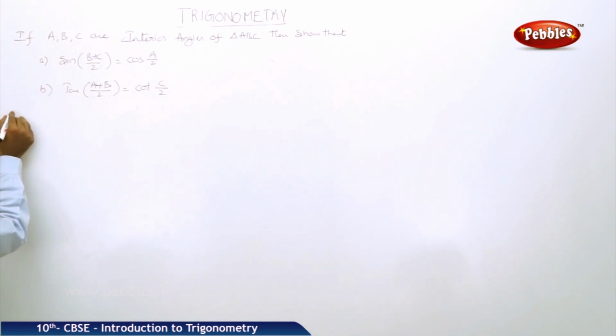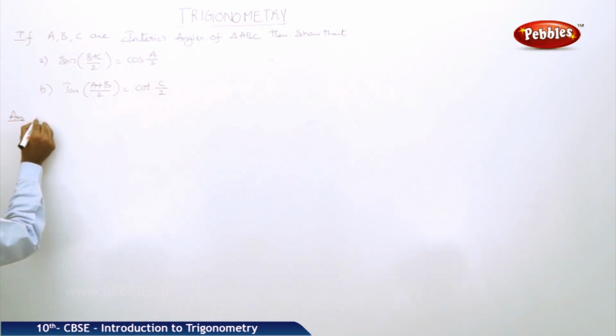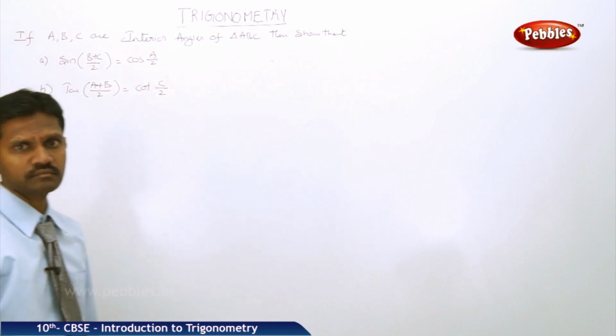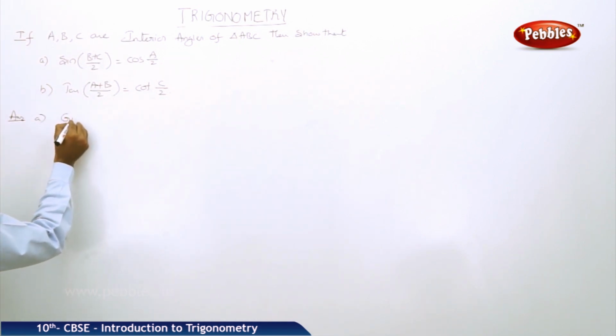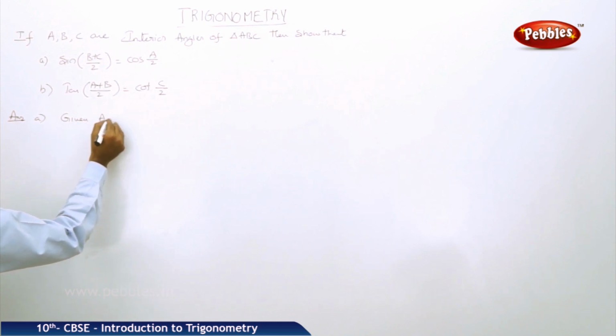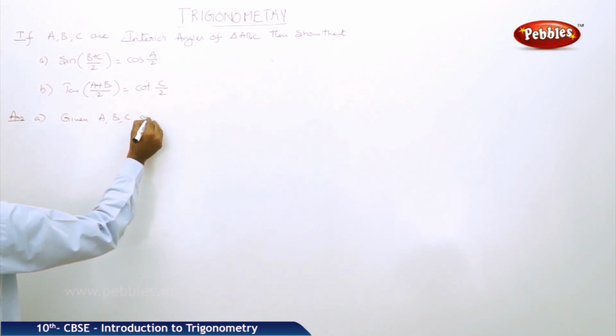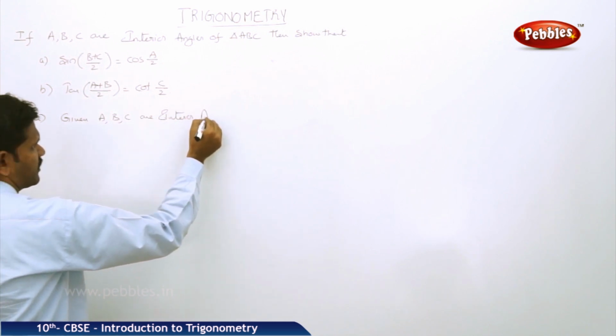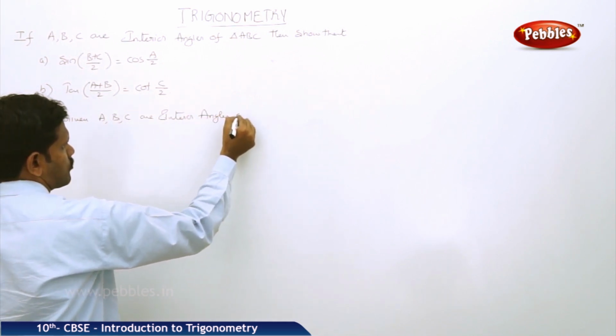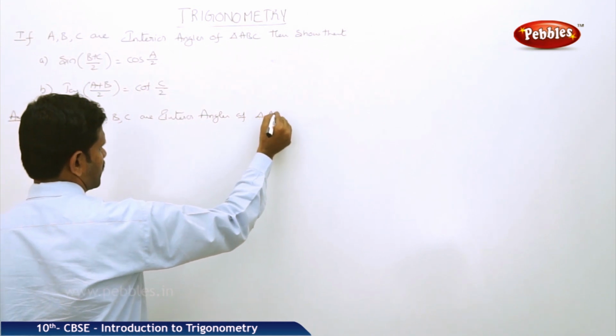Now, answer to A. Given A, B, C are interior angles of triangle ABC.